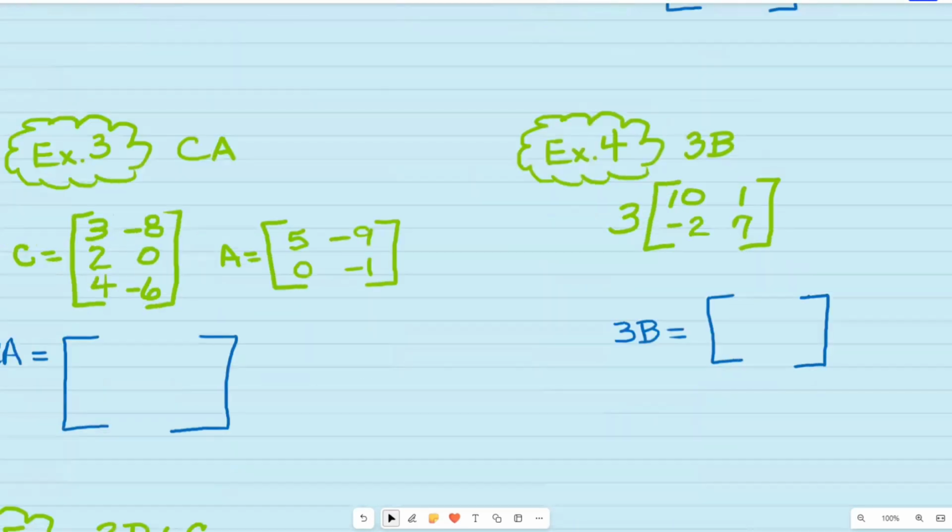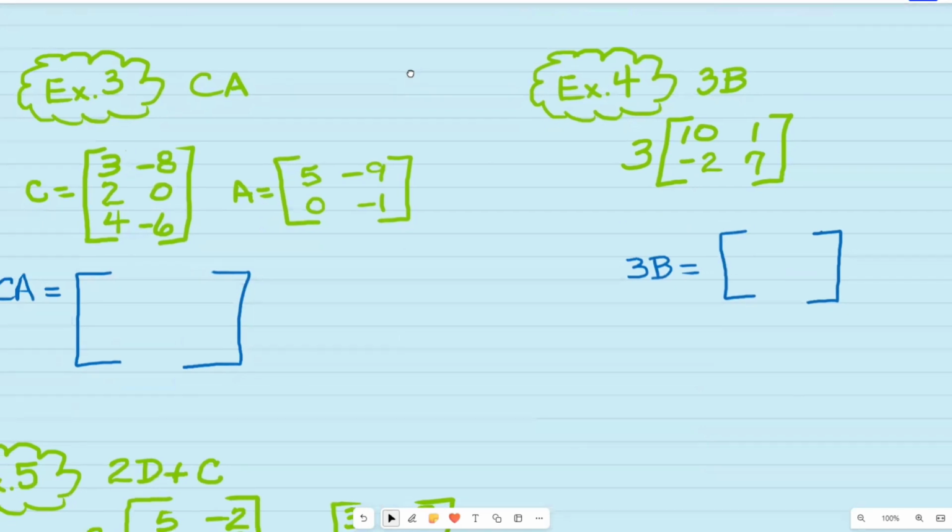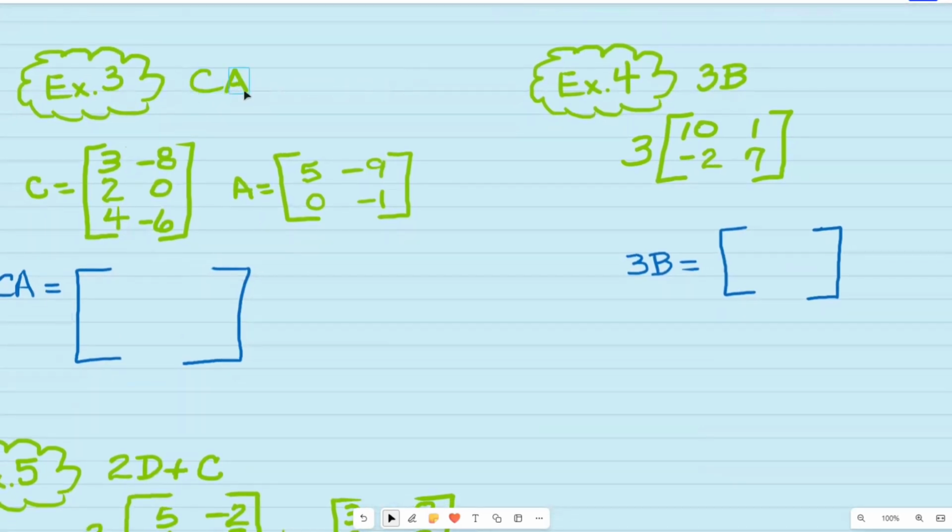All right, example 3, I'm asked now to multiply C and A. What you need to know about multiplication is that the columns of the first matrix and the rows of the second matrix have to be the same, otherwise it won't work. So what does that mean?